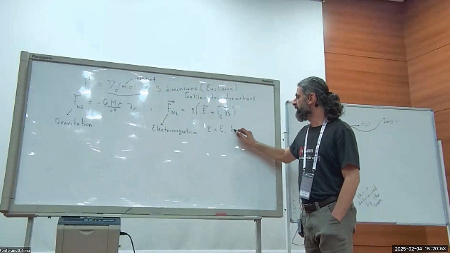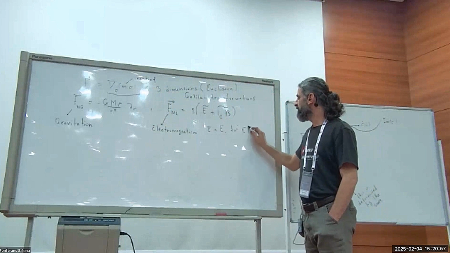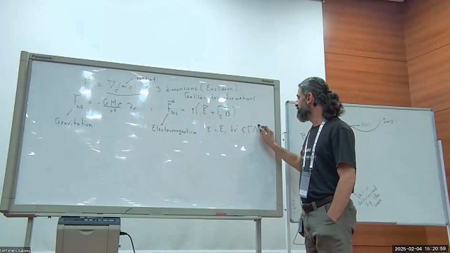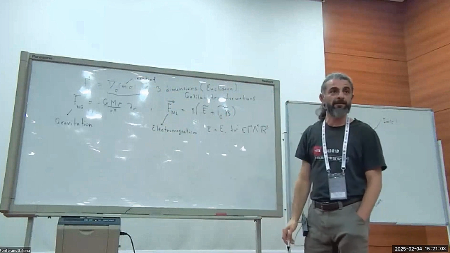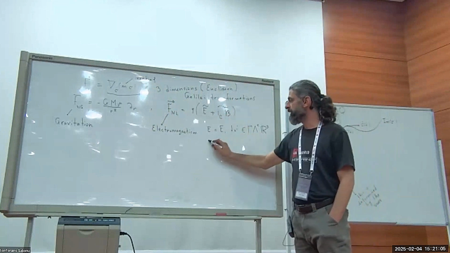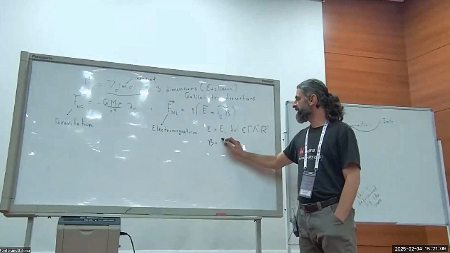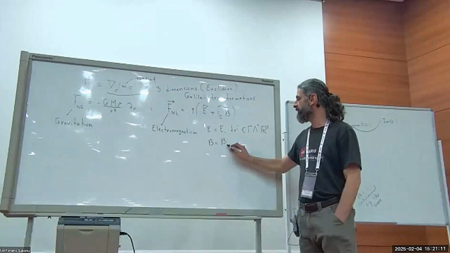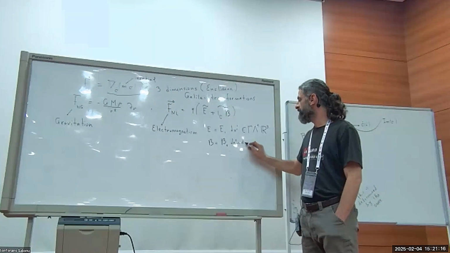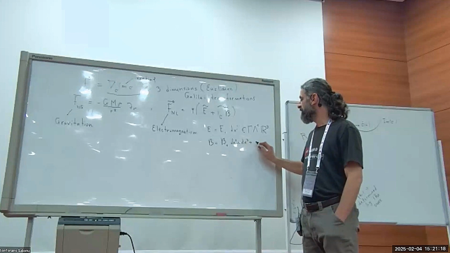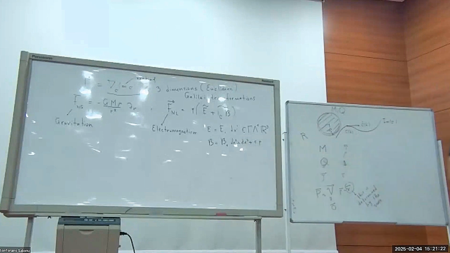Note that this A is like this, A_i dx^i. It's a one-form in our Newtonian space. Here B is like this: B1 dx2 wedge dx3, and cyclic permutation. So there are 2 more terms.